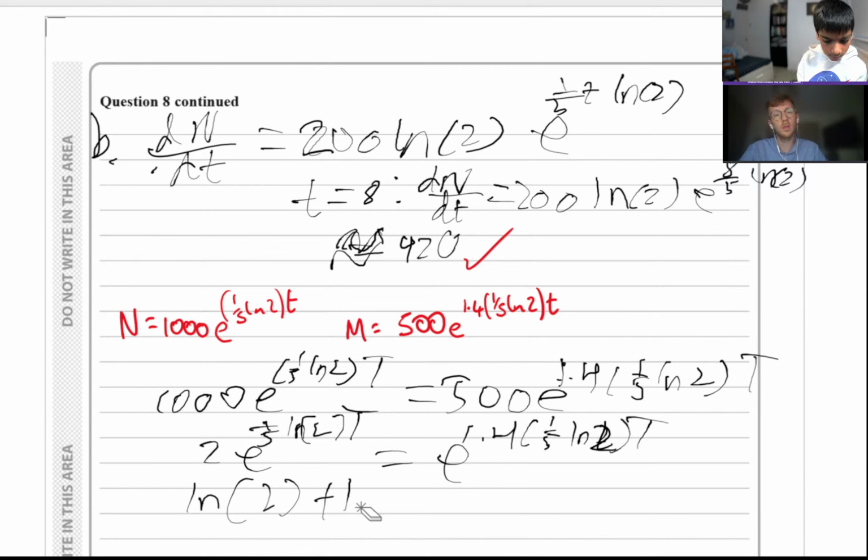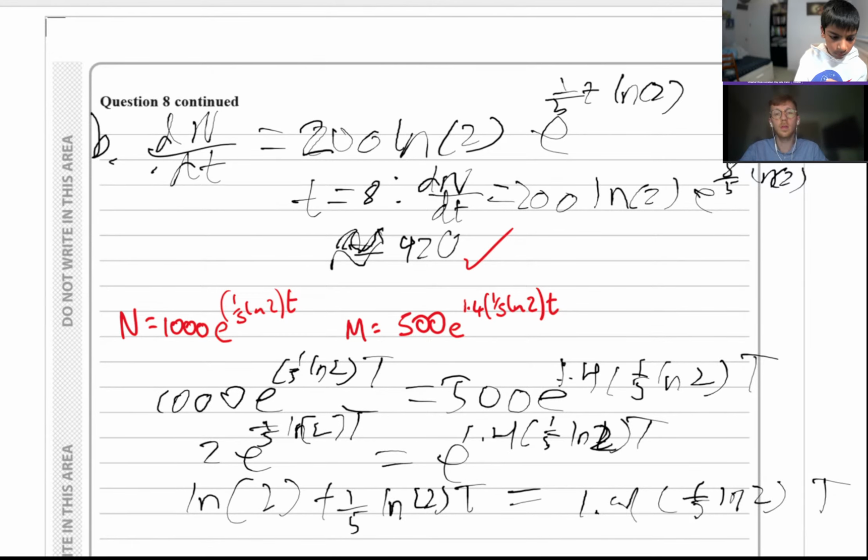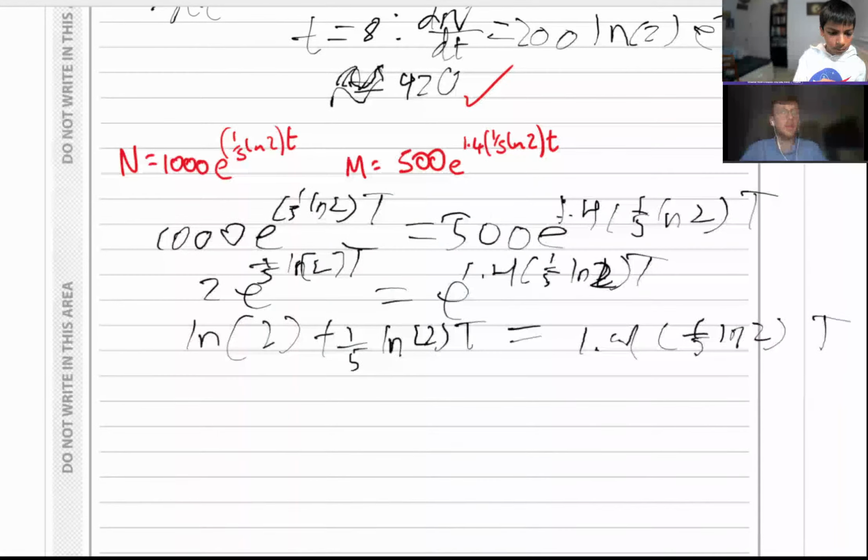And actually, because it's e to the power, they cancel out to make 1/5 ln2 t. And that's the same as 1.4 times 1/5 ln2 t. Good, so you're taking ln of both sides, fantastic.